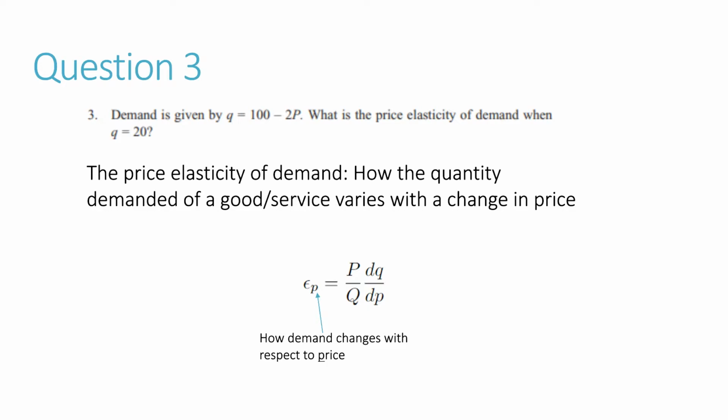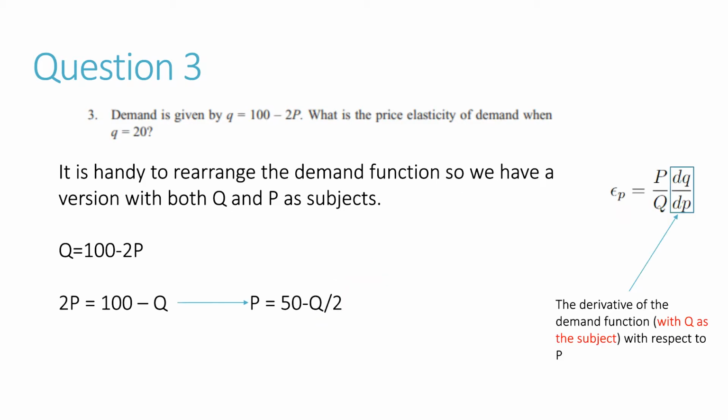I can do the derivation for this if it's helpful, but I figured it would just muddy the waters, so I've left it in its final form, and I won't go through the derivation right now. Tip for this, we want to rearrange so that we have both Q and P as the subject. It just makes things a bit easier. You don't have to, but it's the way I do it, and it's generally what I find works best.